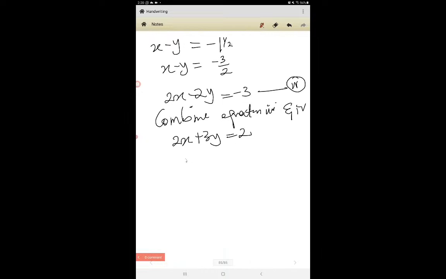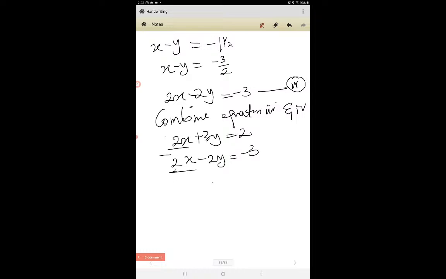Equation 4 is 2x minus 2y is equal to minus 3. If you are able to see, we have 2x in both, so what you just have to do is subtract equation 4 from equation 3.